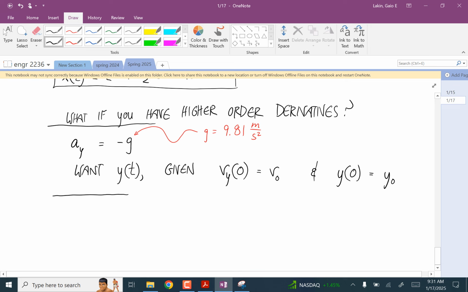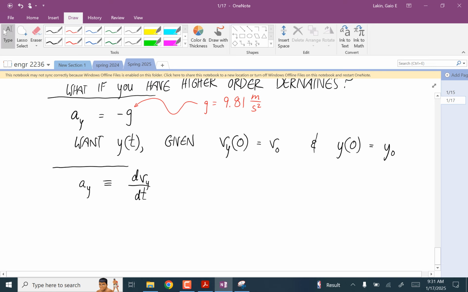Well, we're going to do this in 2 steps. We know that the y component of the acceleration is defined as the derivative of the y component of the velocity with respect to time.